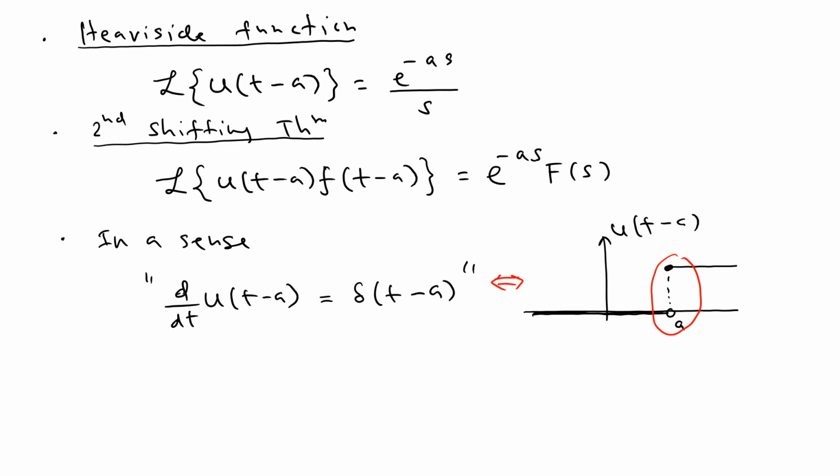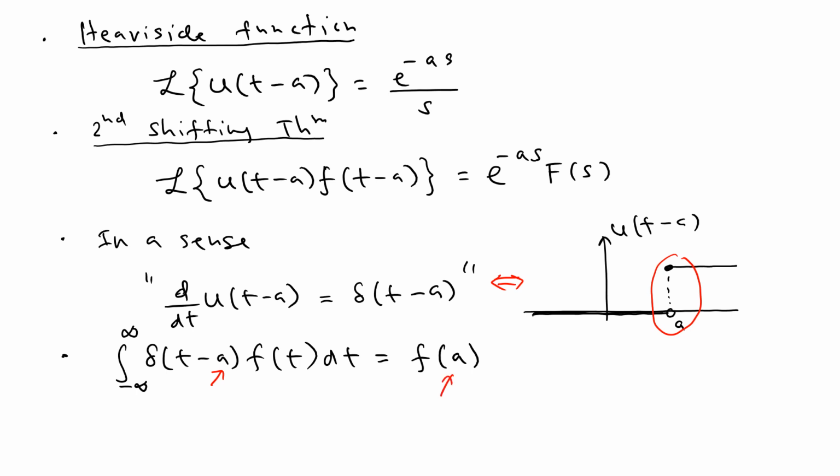And also we have one more result. You can find it in the definition, but we are not going to use it for this class. If you integrate from negative infinity to infinity delta(t minus a) f(t) dt, it's going to pick up the value at a. It's a very interesting result. When you integrate this, it picks up the function value at a. Again, you can find the proof in the description.